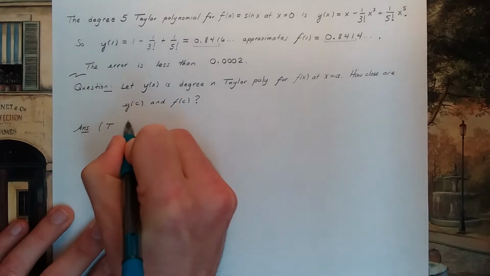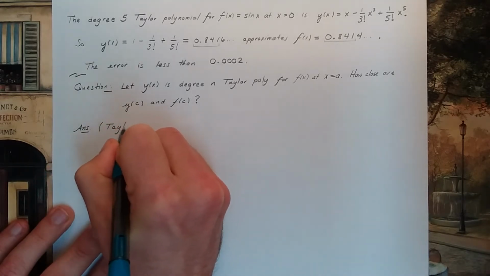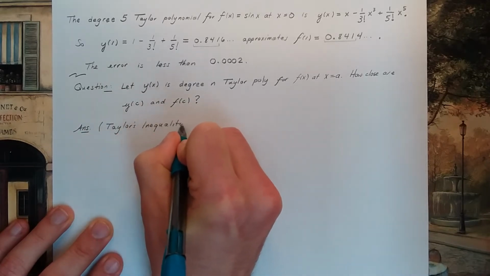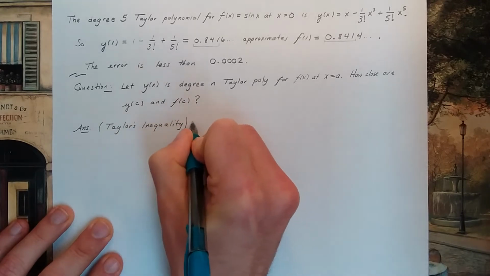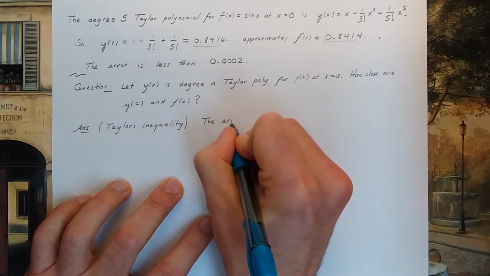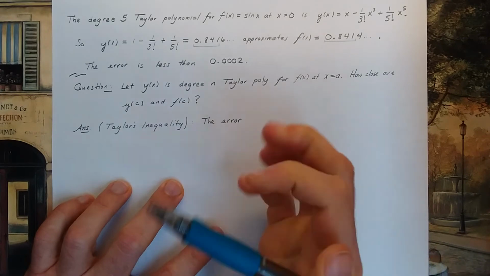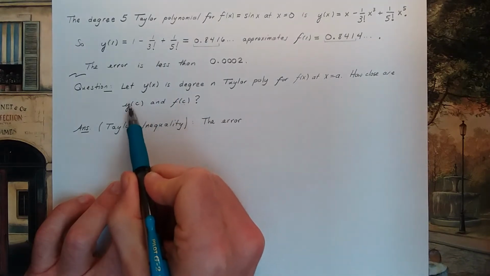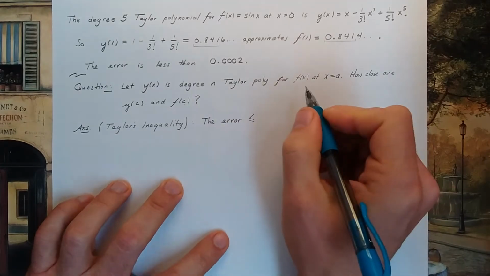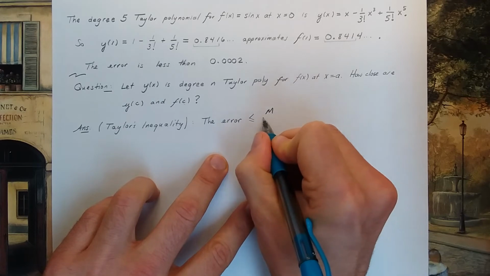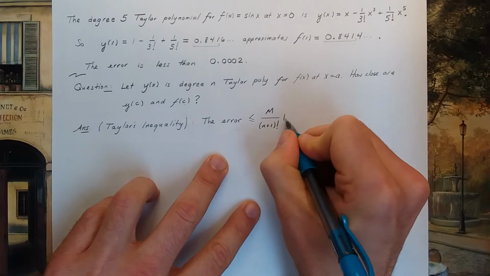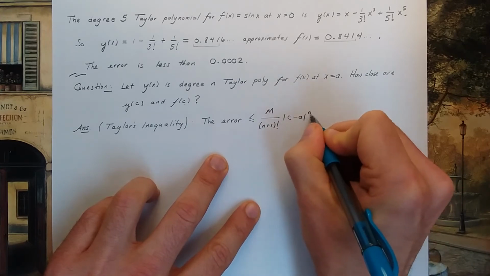is given by something known as Taylor's inequality. It says the error, the difference between the actual value and the thing that you're using to approximate the actual value, has to be less than or equal to m over n plus 1 factorial times the absolute value of c minus a to the n plus 1 power.